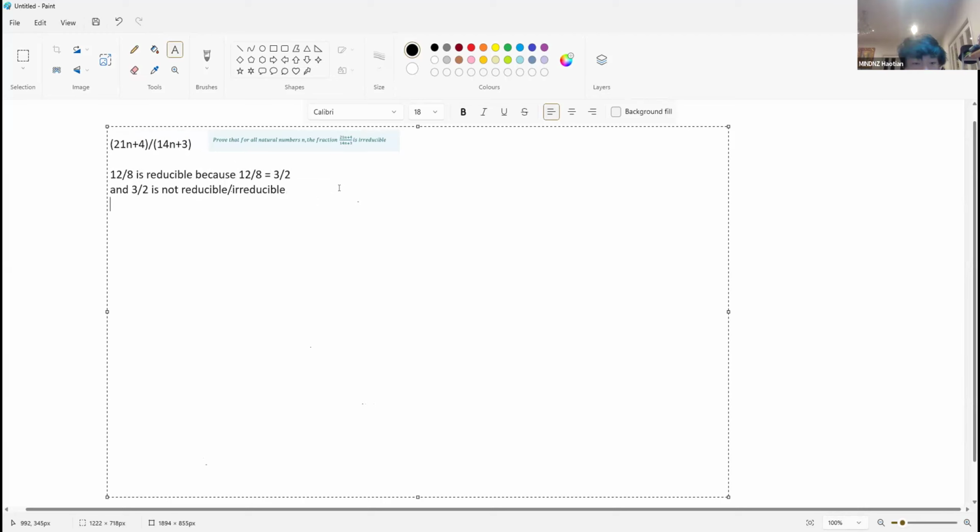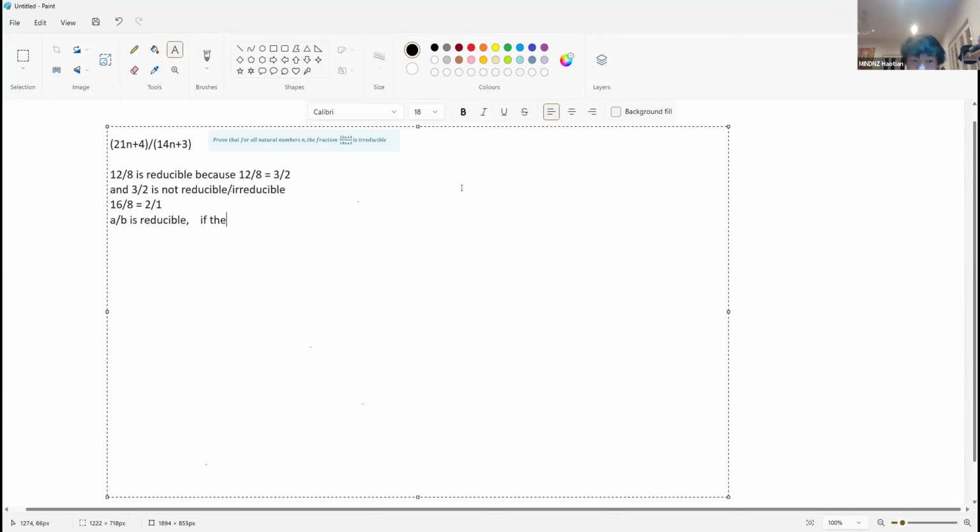What's our hypothesis on what constitutes a reducible or irreducible fraction? For example, 16/8 is also reducible. Okay, so a fraction is reducible if, okay, that's correct, Josie is correct.